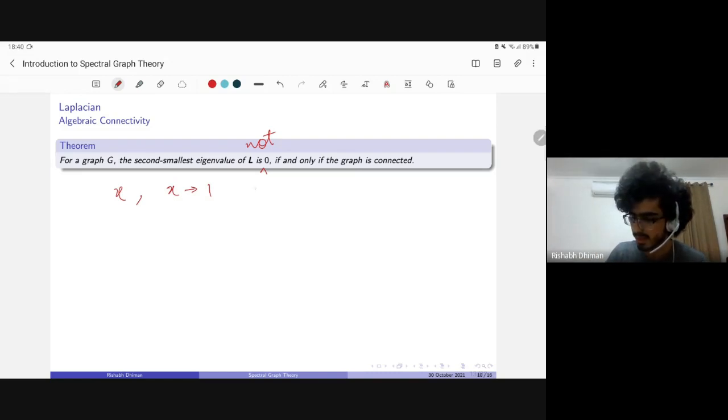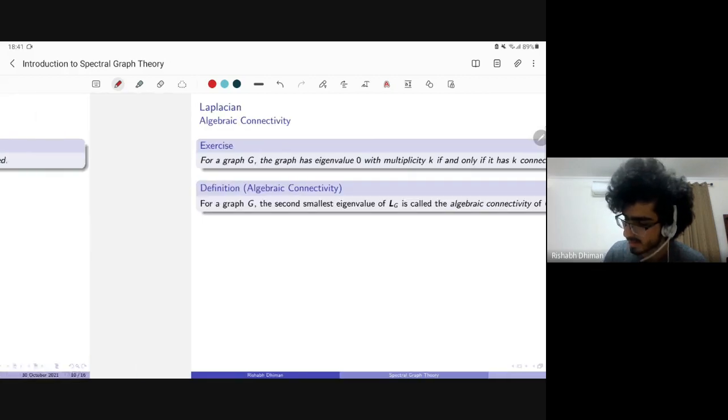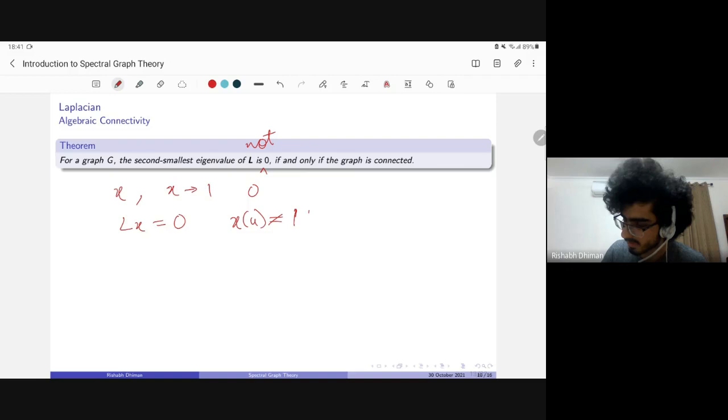So suppose x has eigenvalue 0, so Lx is equal to 0, and xu is not the same for all u in V. In this case, you'll notice that x transpose Lx has to be 0, which means this sum will be all 0.